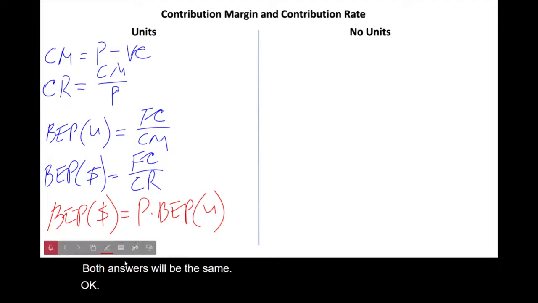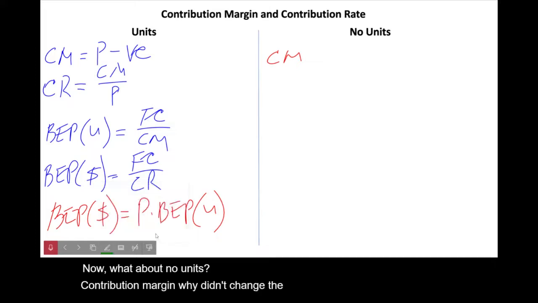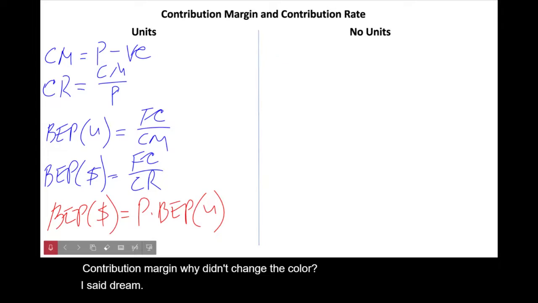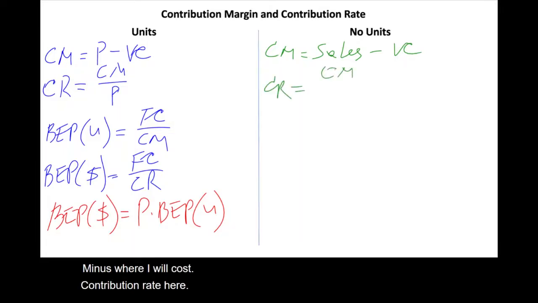Okay? Now, what about no units? Contribution margin here is sales minus variable cost. Contribution rate here is contribution margin over sales.